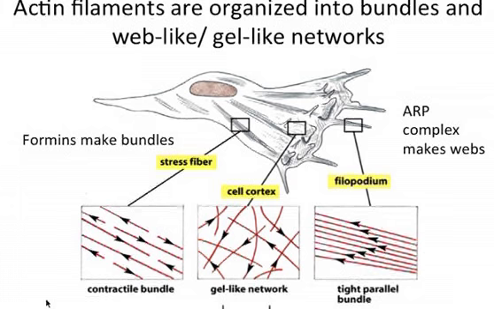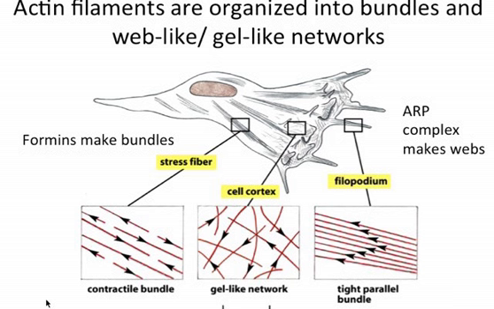Okay, so now we're going to talk about organization of actin. I kept talking about formins and ARP, and how formins are involved in formation of certain types of actin, and ARP is involved in formation of different types of actin, and how they're these gel-like networks.